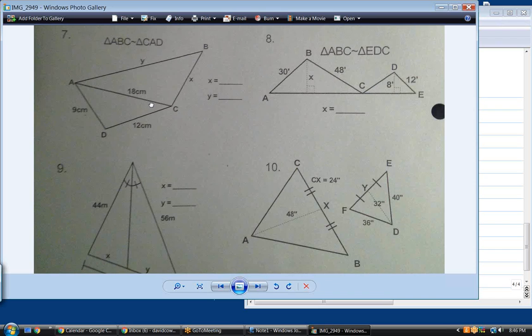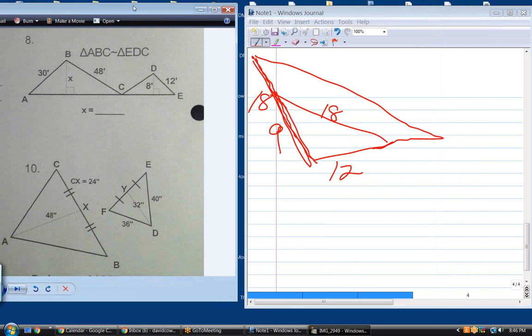All right, let's look at 8. Again, we have similar triangles, but this time it looks like, can we tell which angles are the same? Well, according to the terminology, A is equal to E. And that's correct, isn't it? Isn't that what it's supposed to be? Okay.